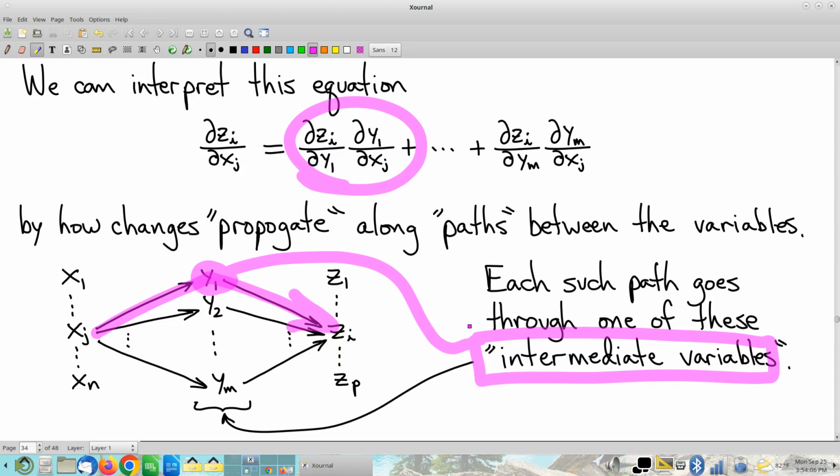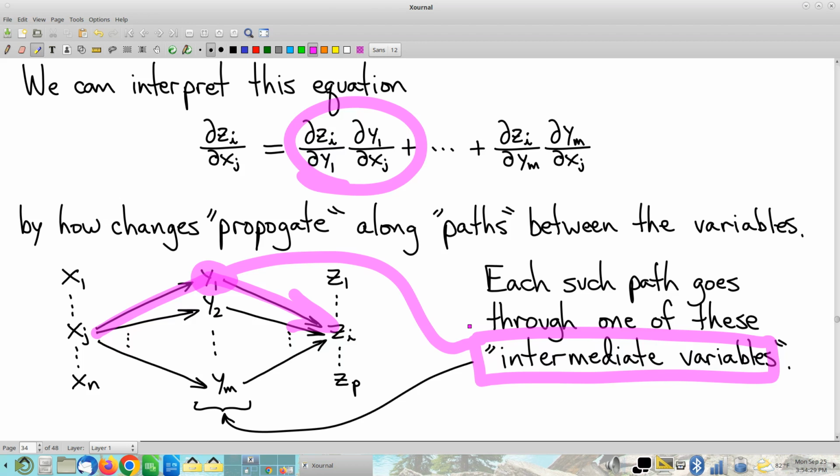Each one of these paths goes by way of one of these y variables. We call them intermediate variables because they're halfway in between, right? They're not the original inputs, they're not the eventual outputs, they're just intermediate. So each intermediate variable gives you a path, each path gives you a term.